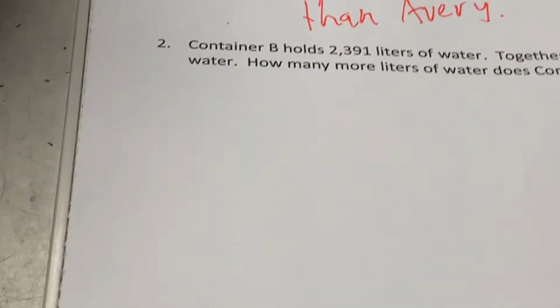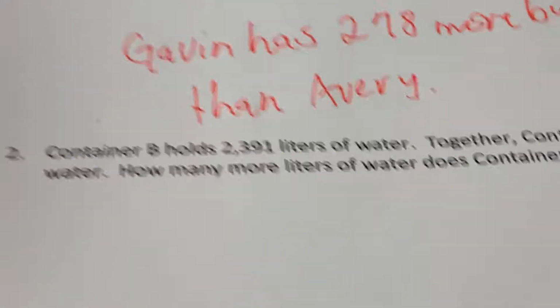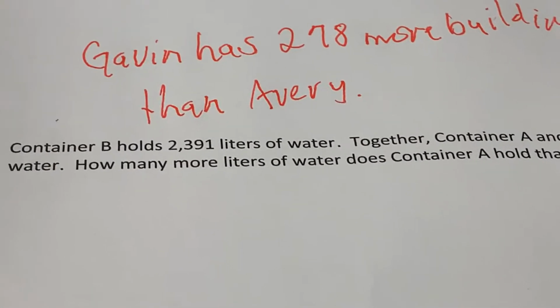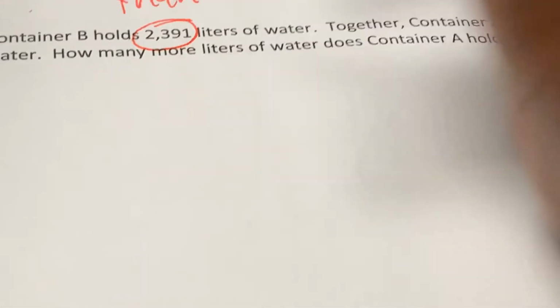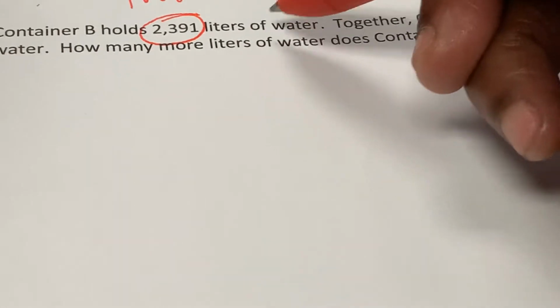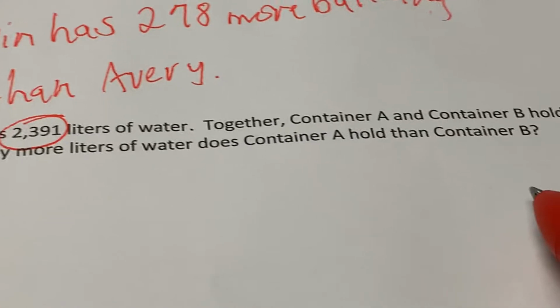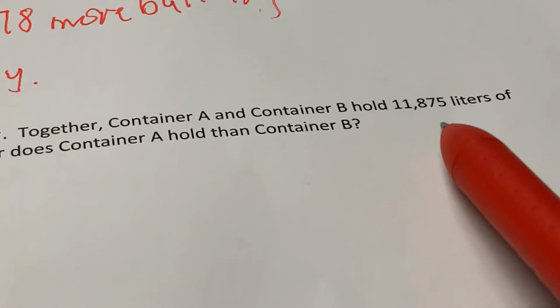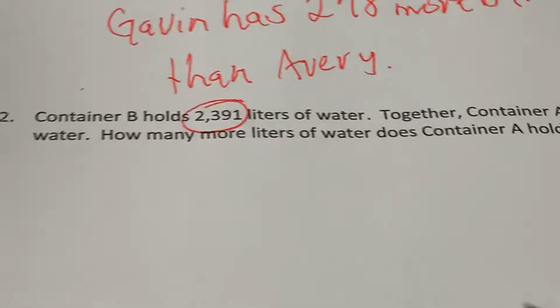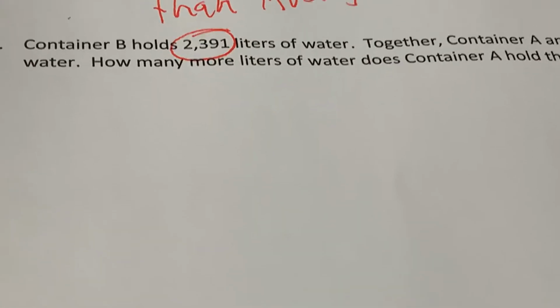All right, the next problem, container B holds 2,391 liters of water. Okay, that's necessary information that I may possibly need to know. Together, container A and B hold 11,875 liters of water.